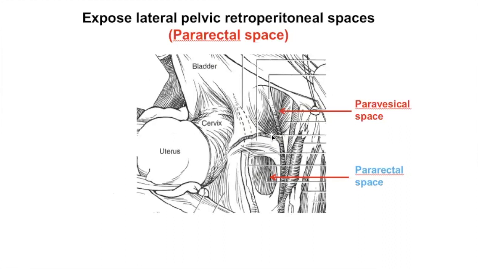The dissection is parallel to the sacral curve. Again, the pararectal space is developed using blunt dissection between the ureter and the internal iliac artery, posterior to the uterine artery and cardinal ligament, and anterior to the sacrum.